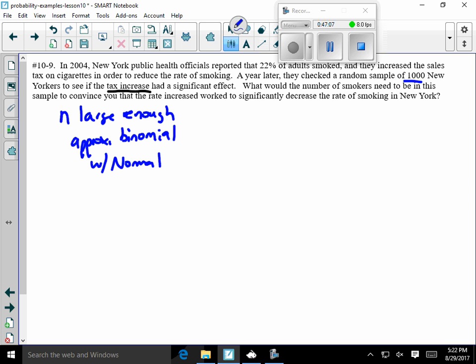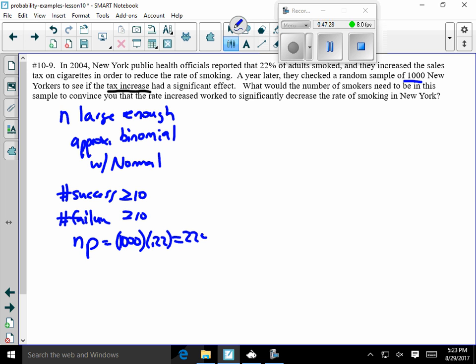Okay, so what's the criteria for that? The number of successes and the number of failures have to be at least 10. The number of successes is n times p. In other words, if we have 1,000 people in the sample and we expect 22% of them to smoke, that would be 220 people who smoke, and that's definitely larger than 10, so the sample size is large enough.